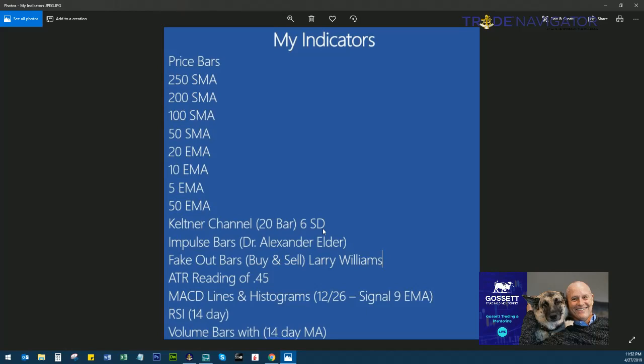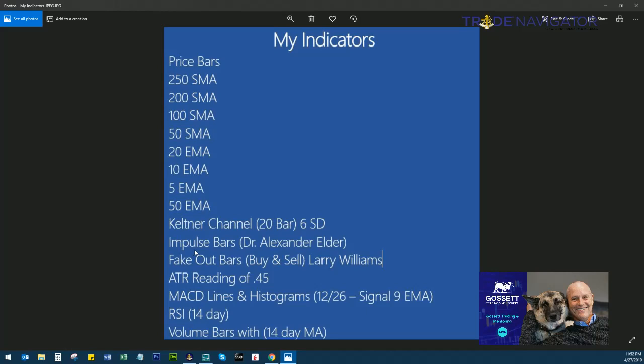So basically I'm going to have six standard deviations above the 20 day, the 20 bar moving average, and 6 below. So there's going to be 12 lines: 6 above the 20, 6 below the 20.